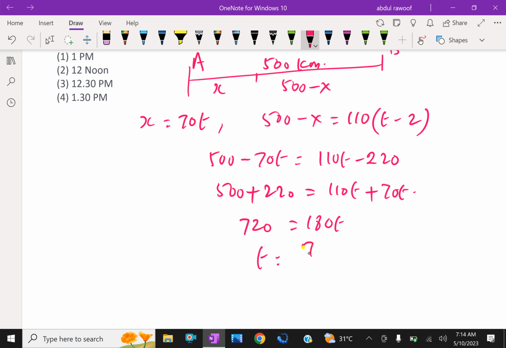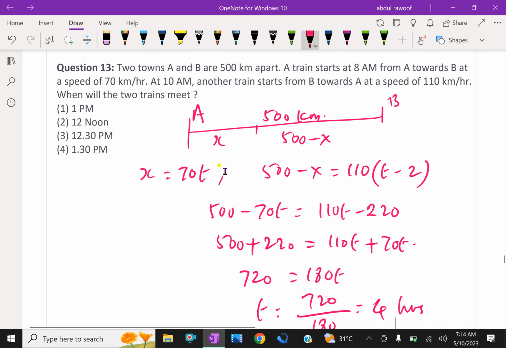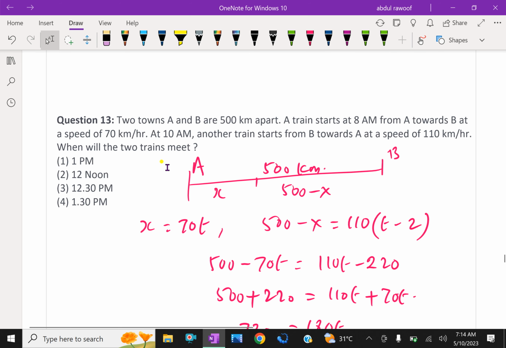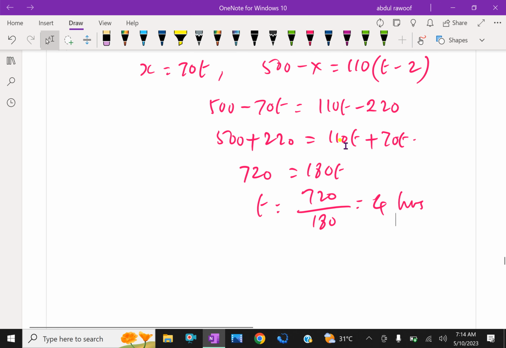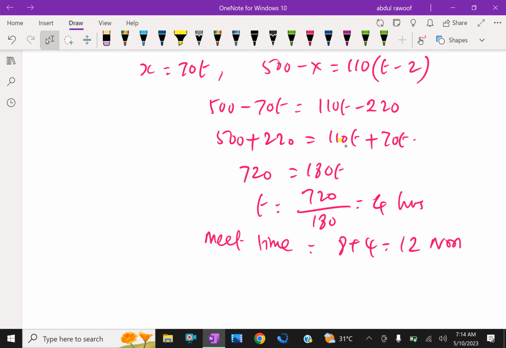Therefore, t equals 720 by 180 equals 4 hours. They start from A at 8 a.m. plus 4 is 12 noon. Therefore, meeting time equals 8 plus 4, 12 noon.